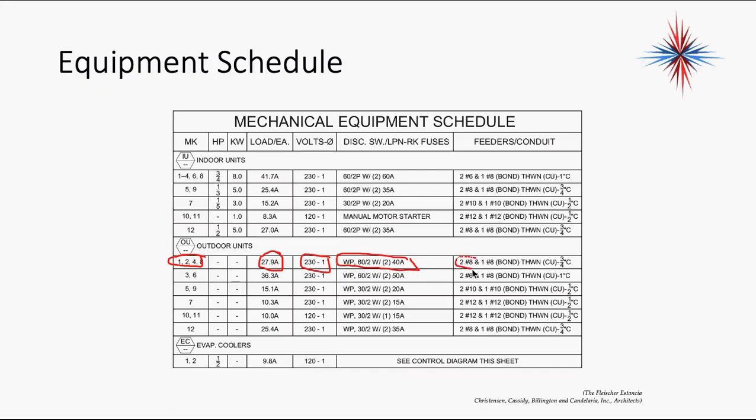Okay, it's going to tell me what the conduit size is, what the wire size is. Okay, this has to match what's on the label of the equipment, and it has to match what's in the installation manual. Okay, and sometimes you see a control diagram. Note, that just says there's a separate diagram for the controls, and that's what we showed you on that last diagram.